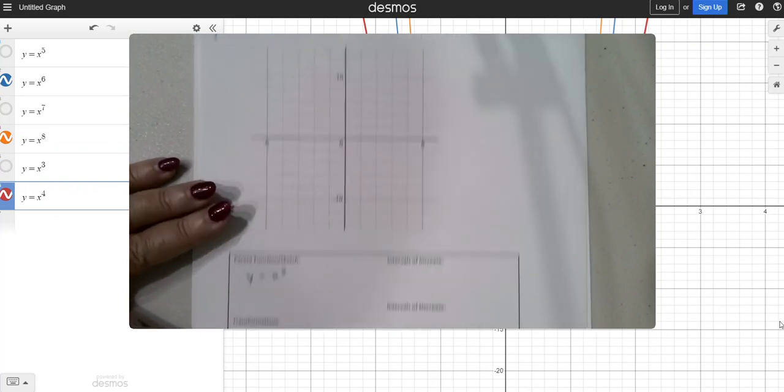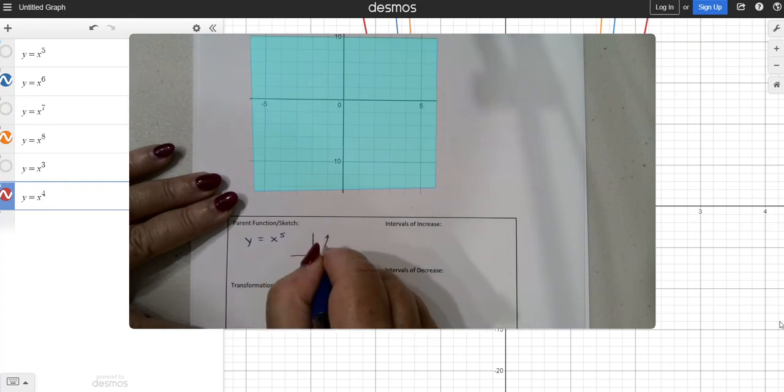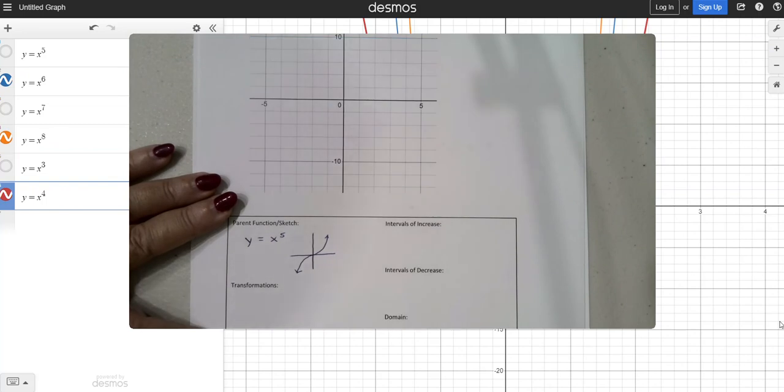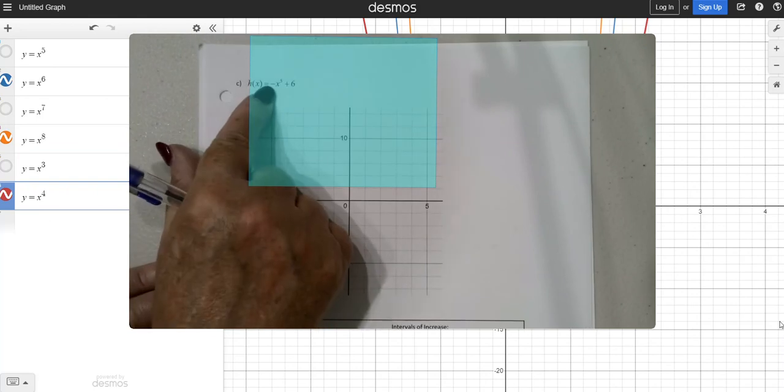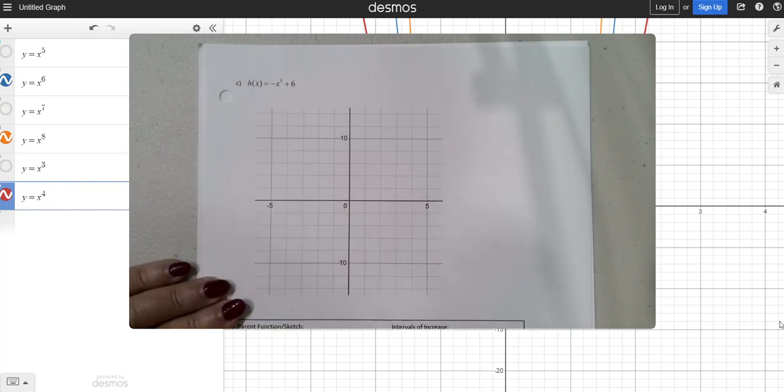And with the odd power, that's going to be one of the wavy shapes again. In terms of transformations, there's a negative multiplier. So this one's going to be reflected across the x-axis and then up 6.